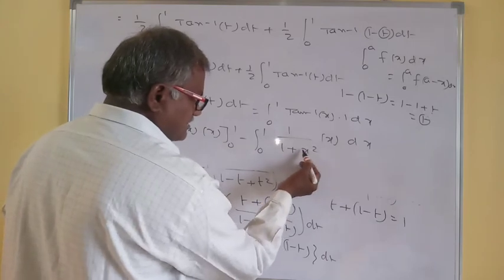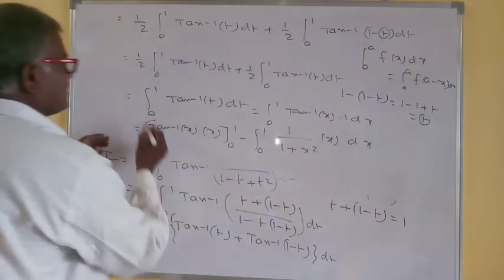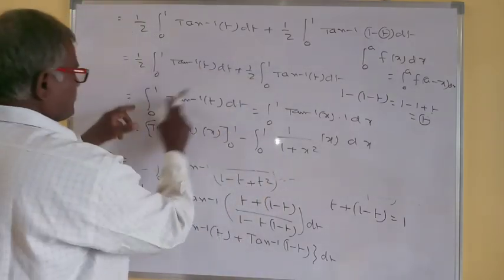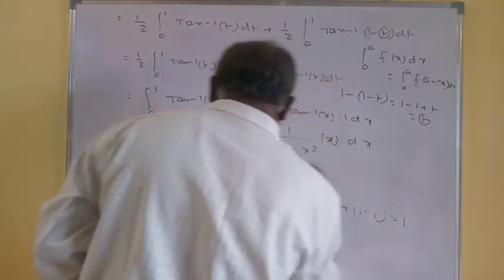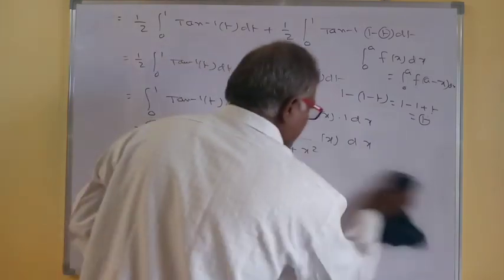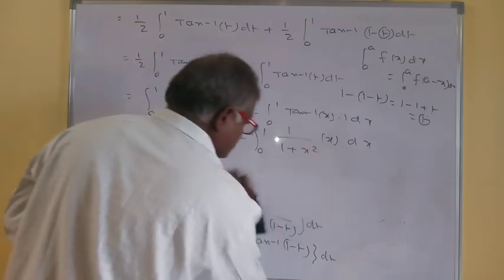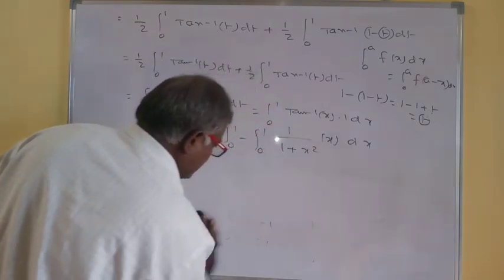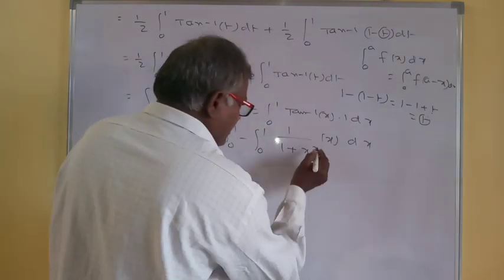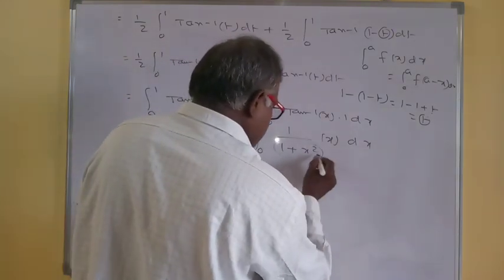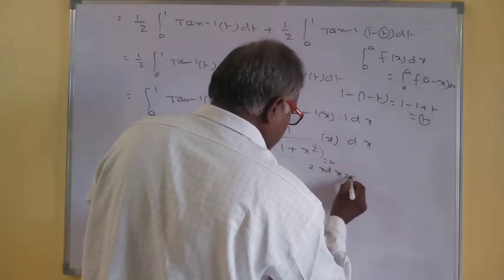For this one you see, it is f dash x by f of x. Here the derivative of 1 plus x square is 2x, so to evaluate this integral, simply multiply by 2 and divide by 2. If you consider 1 plus x square as t, then 2x dx is equal to dt.